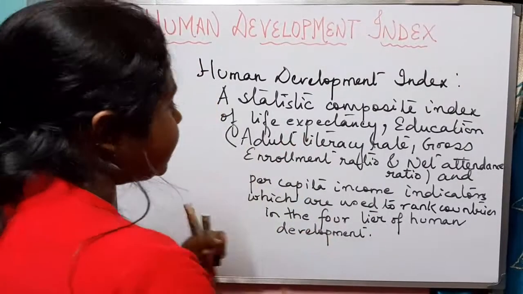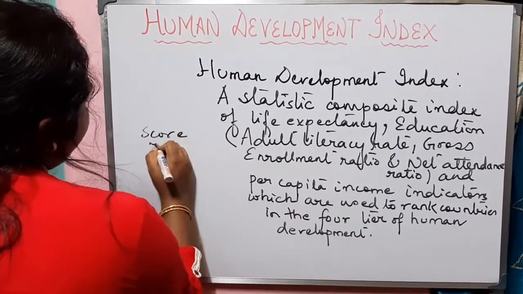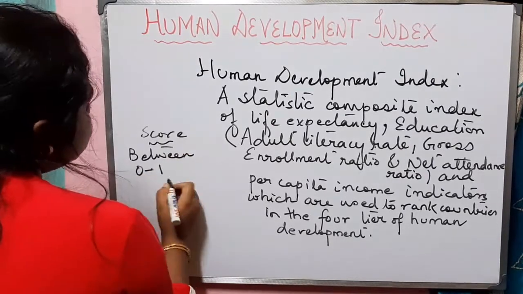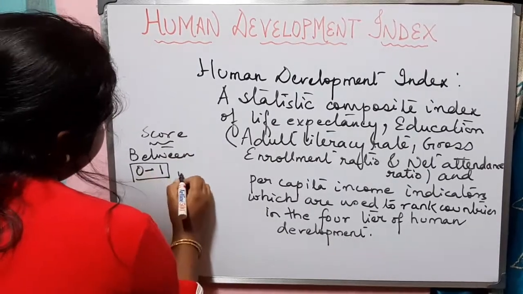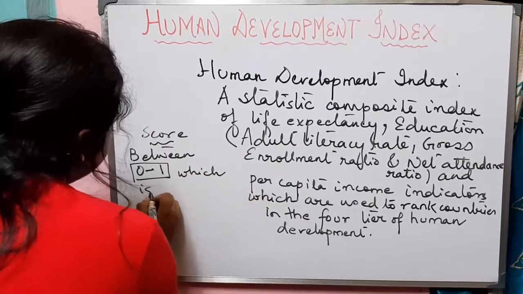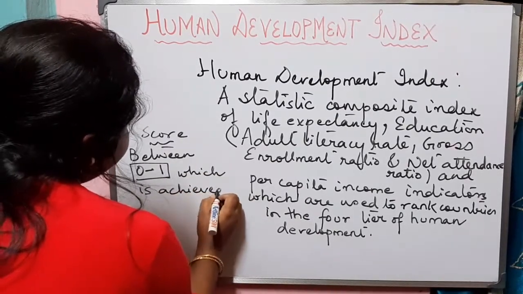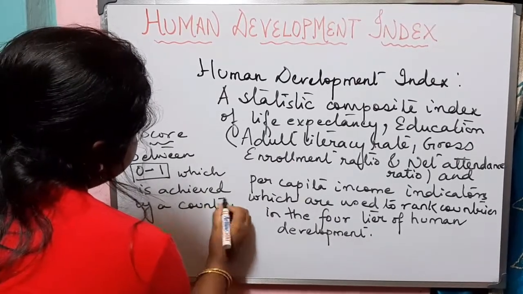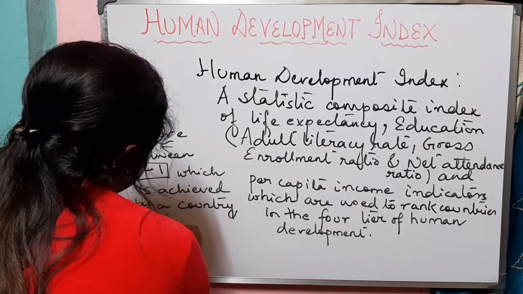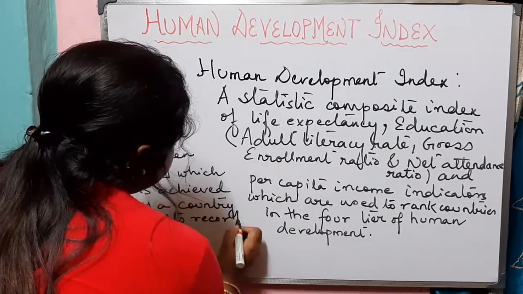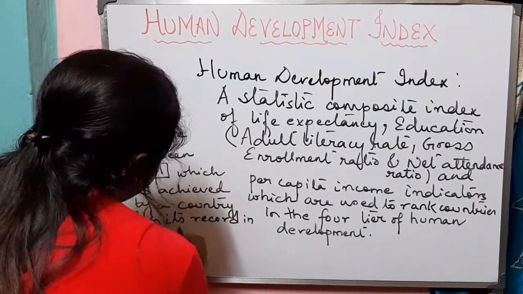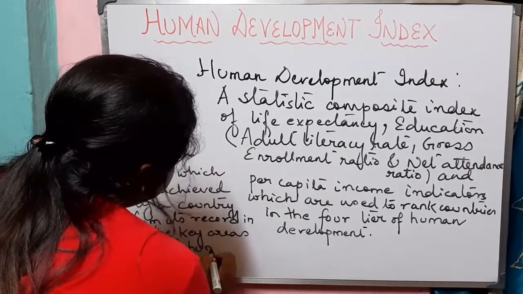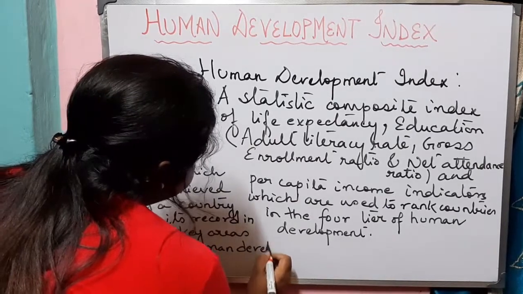Now, these rankings are based on a score between 0 to 1, which is achieved by a country from its record in the key areas of human development.